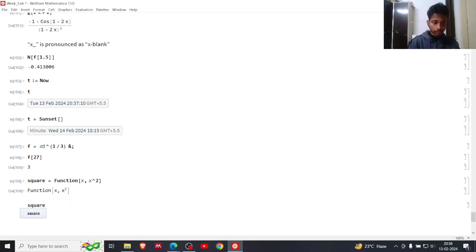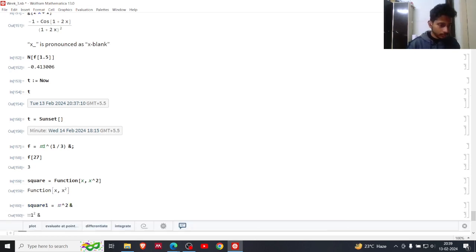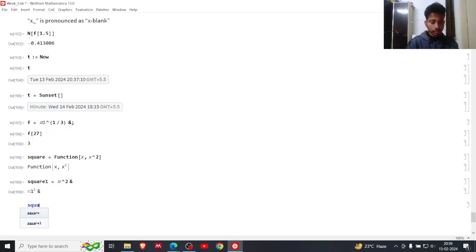Square 1 to n. Again we can define it like this, square 2 x blank.